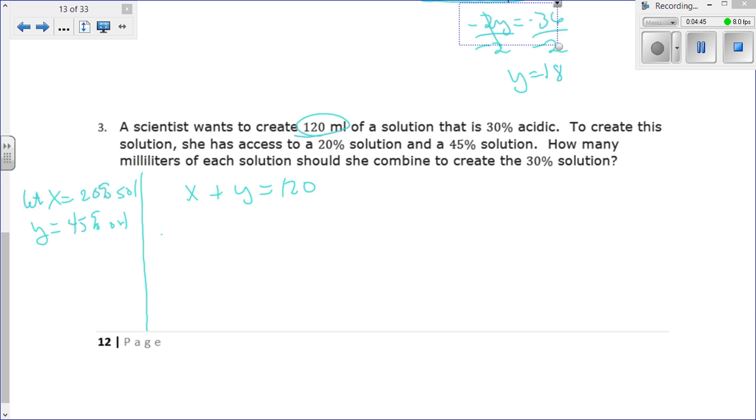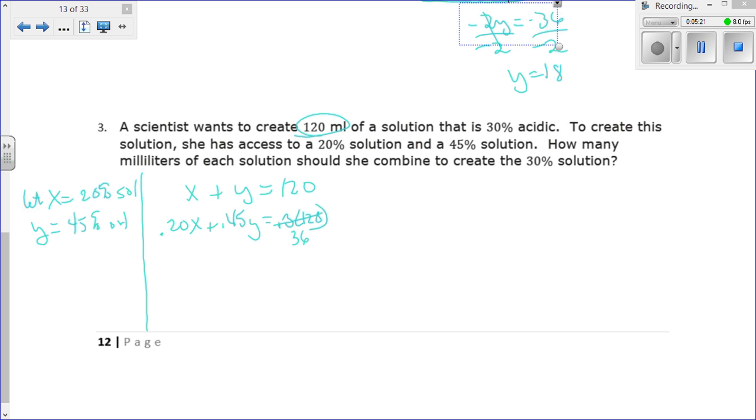And I also know that I have 20% of x and 45% of y to give me a 30% solution, so it would be 0.3 times 120. And 0.3 times 120, just so you know it, is 36.